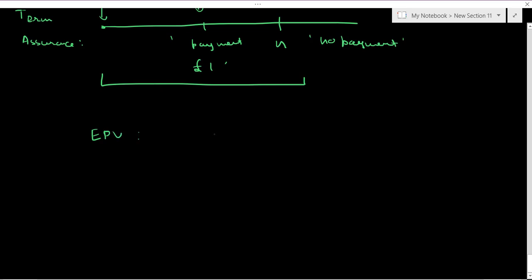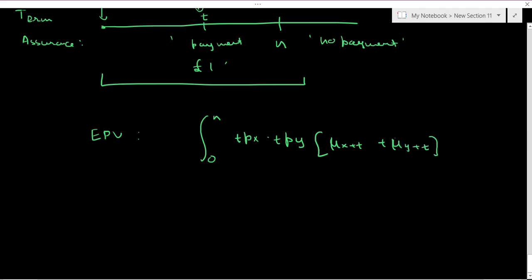The EPV of this contract is an integral going from 0 to n. I want X and Y both to survive till some arbitrary time t, which is of course between 0 and n. So t p x times t p y, I want both of them to survive, and then I want either one of them to die, so that is mu x plus t plus mu y plus t.